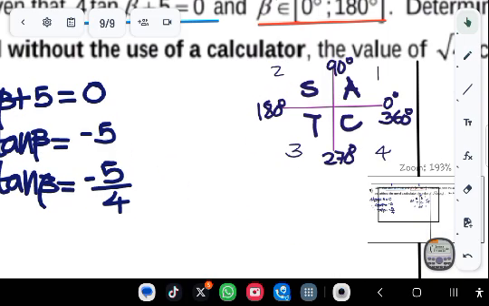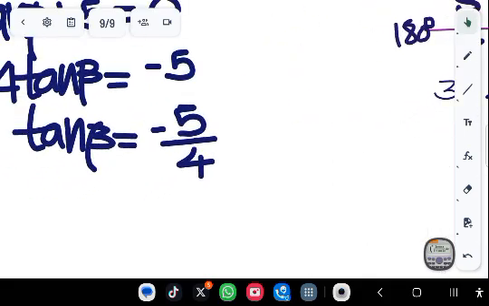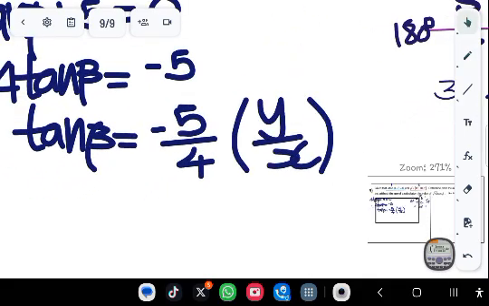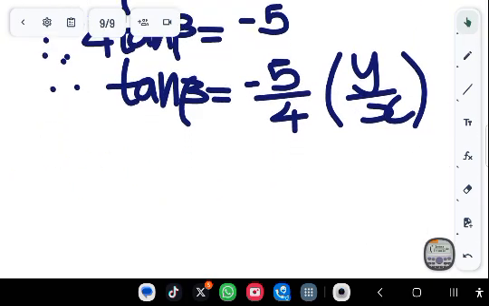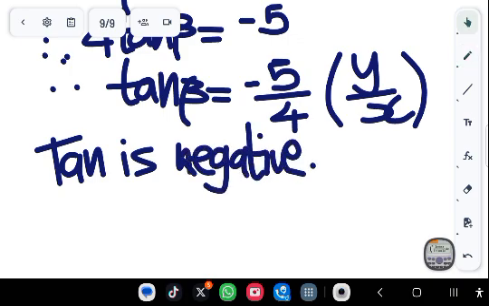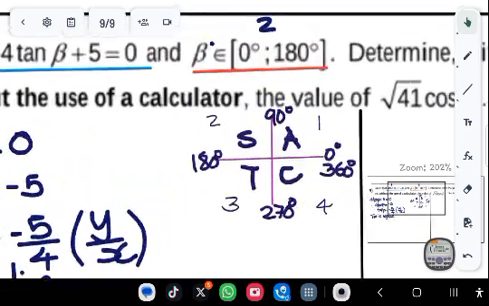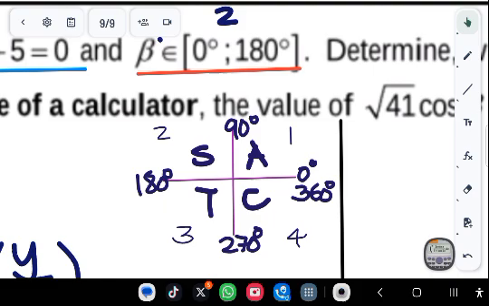So we're looking for where tan is negative. Remember, tan is y over x. That's the quadrant we're looking for. We're looking for where tan is negative, and where it's between 0 and 180 degrees.